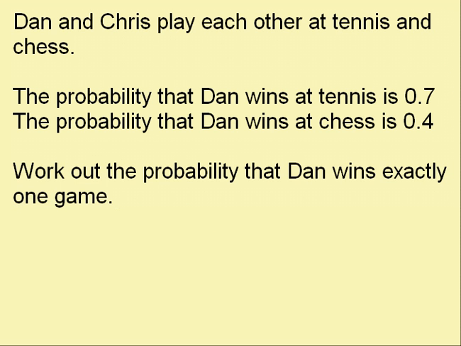I've changed the question slightly now, and it makes it much more complicated. I've got to work out the probability that Dan wins exactly one game. So that means he wins at tennis and loses chess, or he loses tennis and wins at chess.